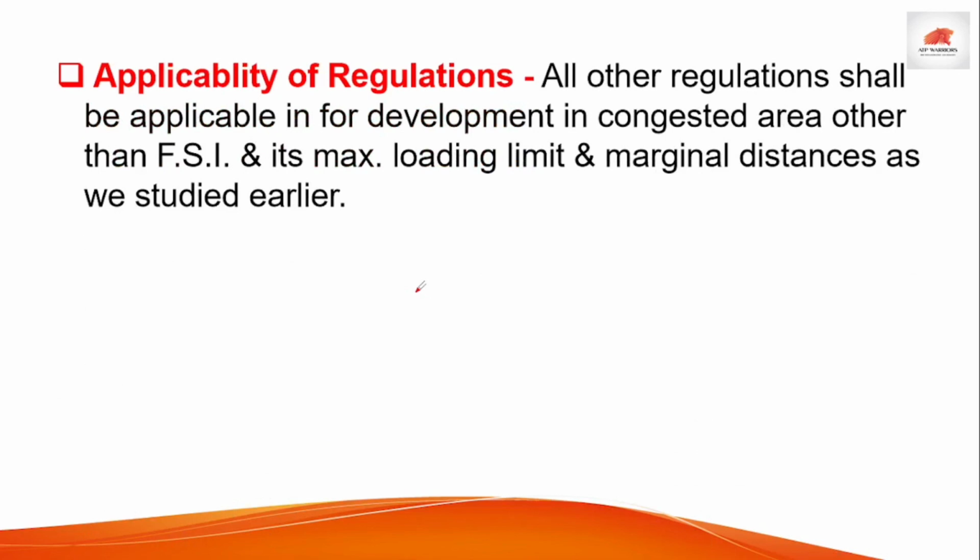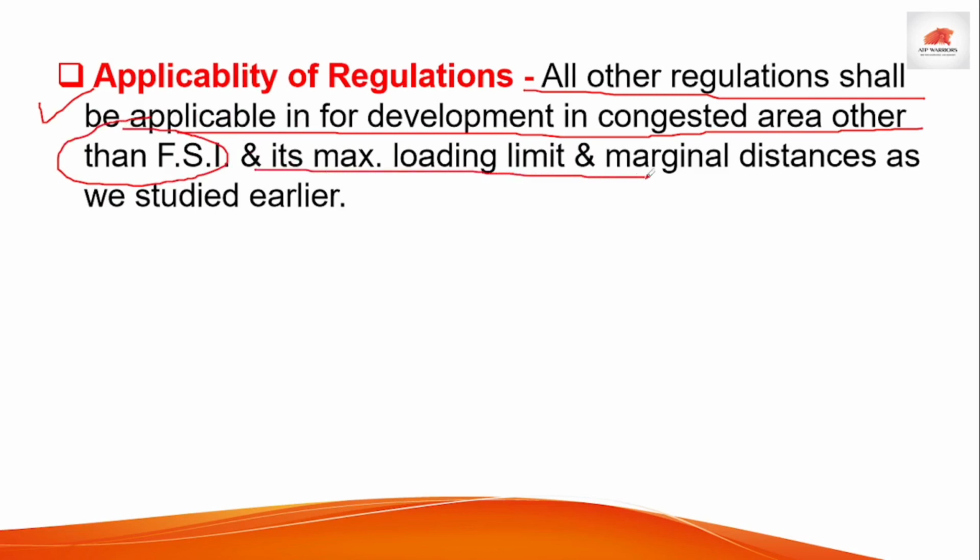So, the applicability of regulations. We will read first and after that we'll explain. All other regulations shall be applicable for development in congested areas other than FSI, its maximum loading limit and marginal distances as we studied earlier.